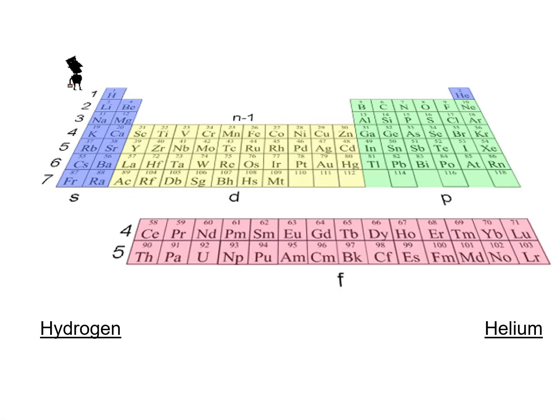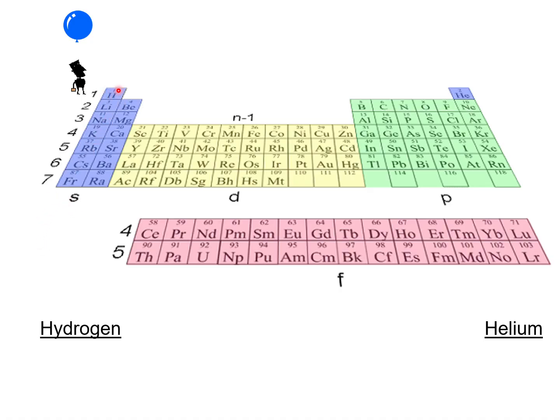All right, so I realized when I first started teaching this that I always told students to imagine they were kind of walking across the periodic table. And so that's the analogy I'm going to use for this. So I've got a little guy who's going to walk across the periodic table. Every time he steps into a box, he is adding an electron to an orbital that corresponds to the type of box he steps into.